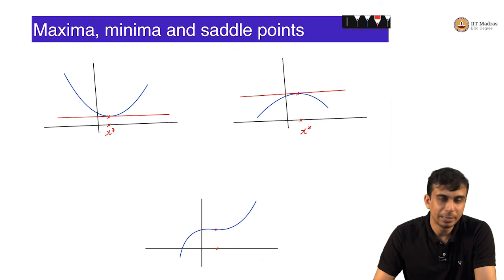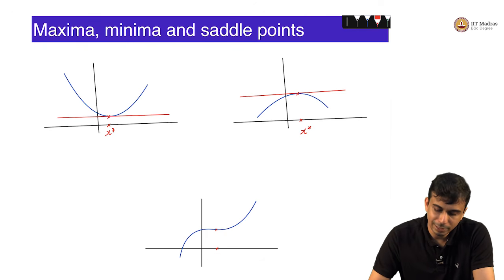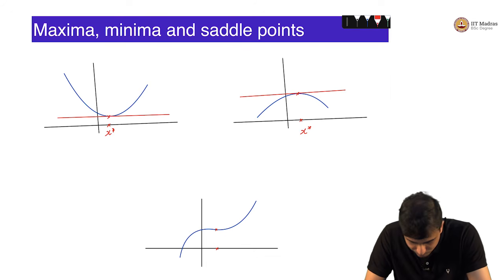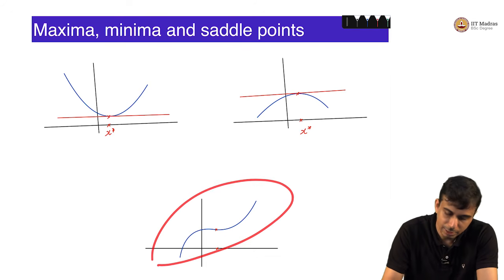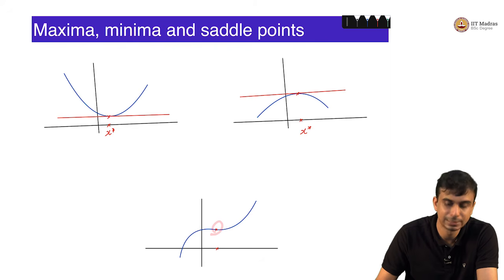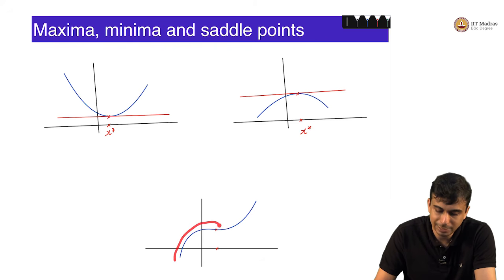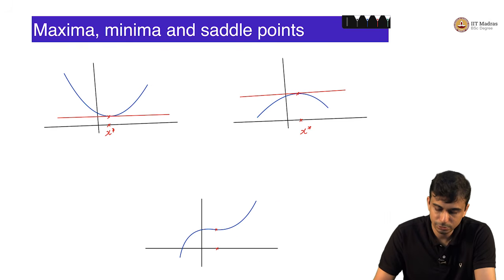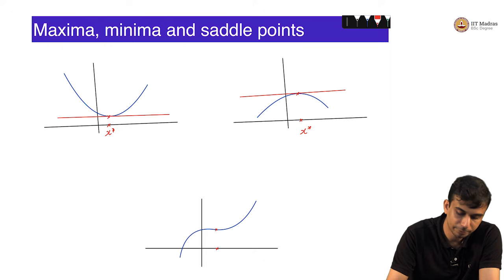These are the two main cases, but there is also one tricky case, which I have not drawn perfectly, because it does not seem like a maxima or minima. Here your function reaches a slope of f dash of x equal to 0 and then it increases again. This particular point is neither a maxima nor a minima; it is essentially a maxima of this part and a minima of this part. Such a point is called a saddle point.